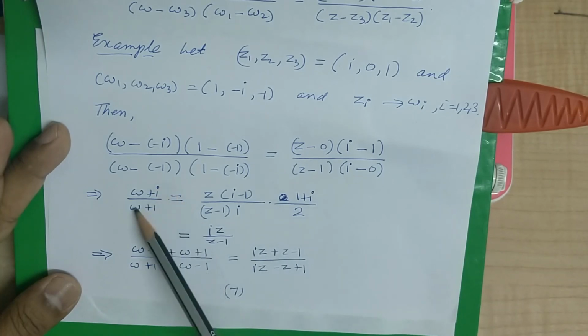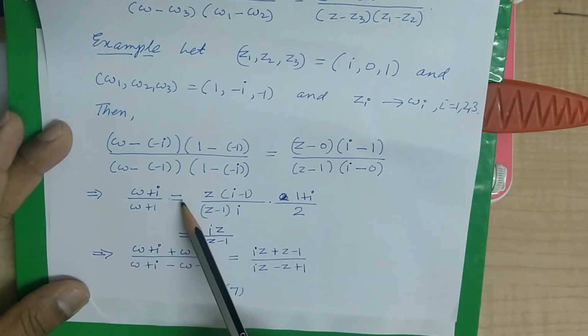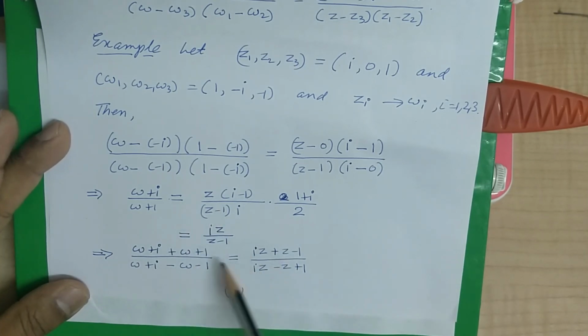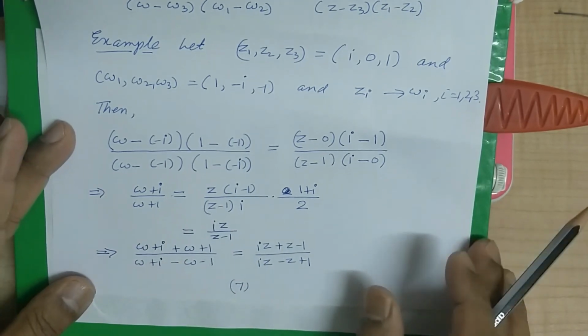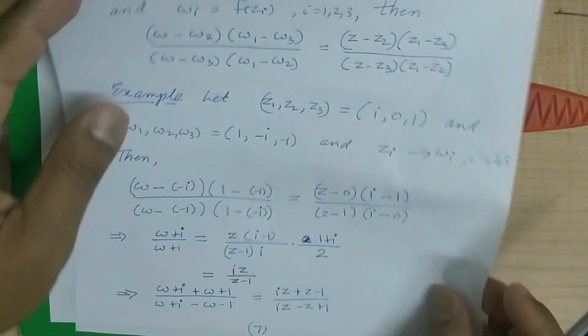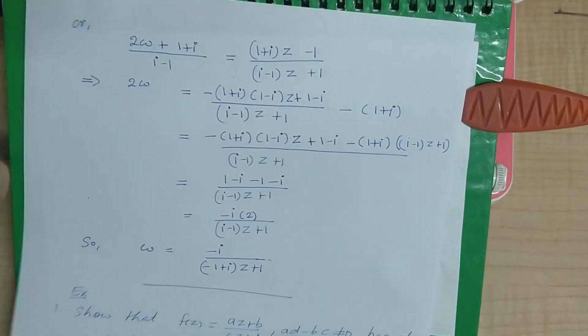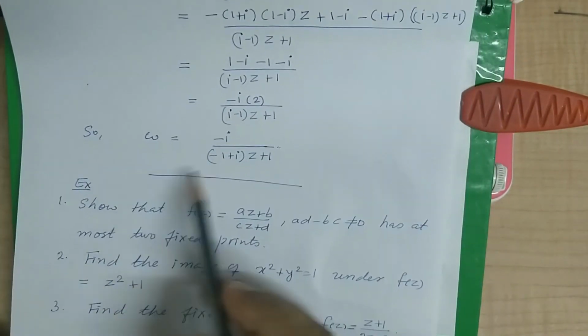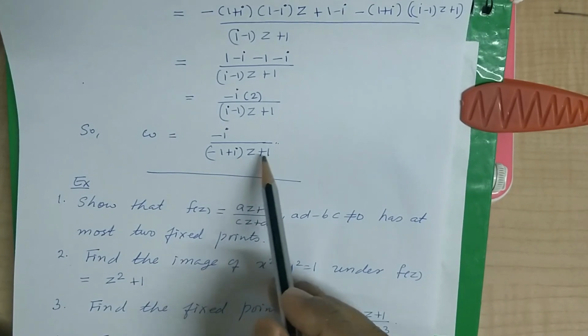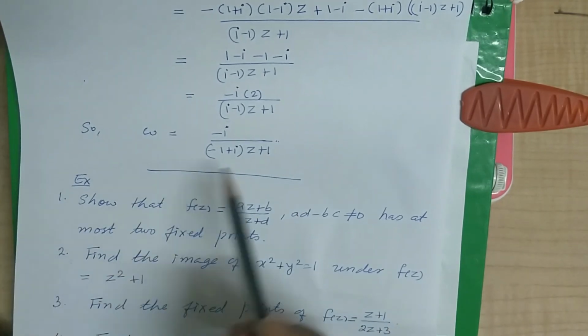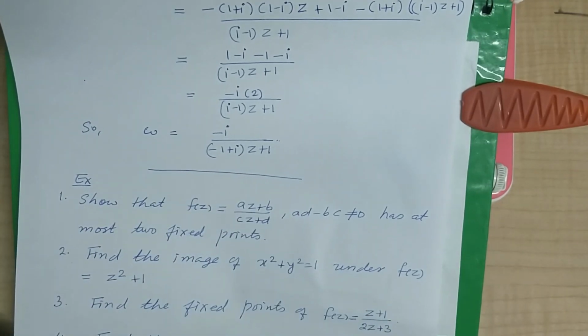Then we solve for w from this equation by using componendo and dividendo, simplify it, and we get w equal to this. You can check that the answer is exactly the same as we had obtained through the previous method. So that's all in this video.